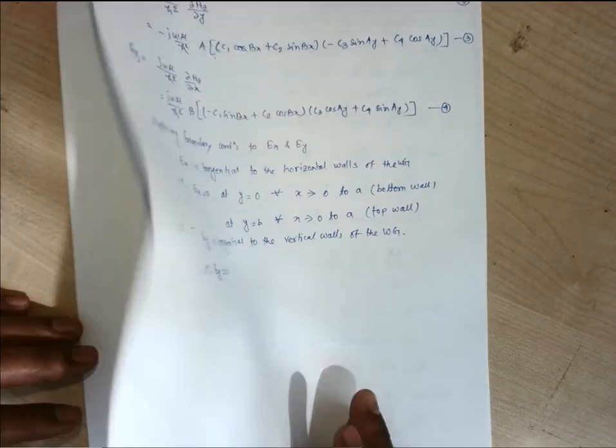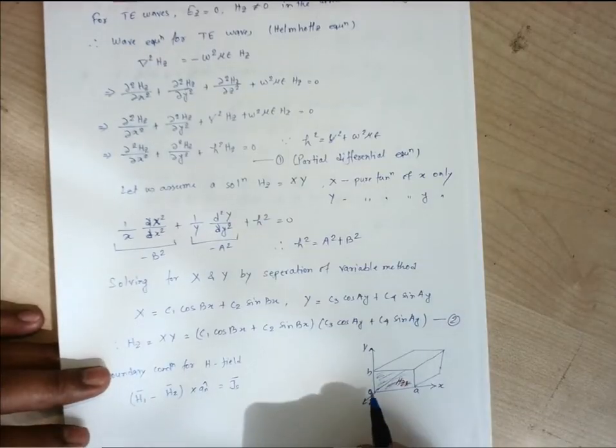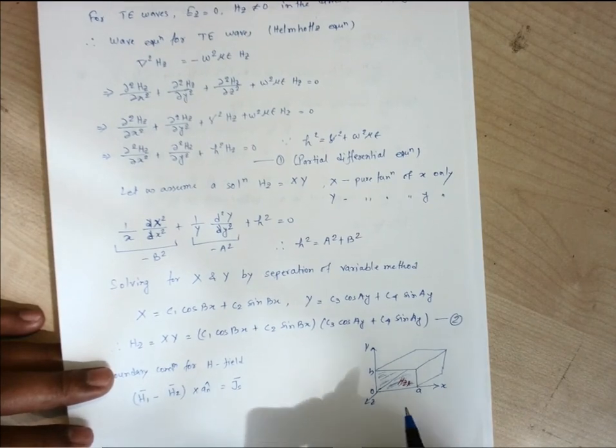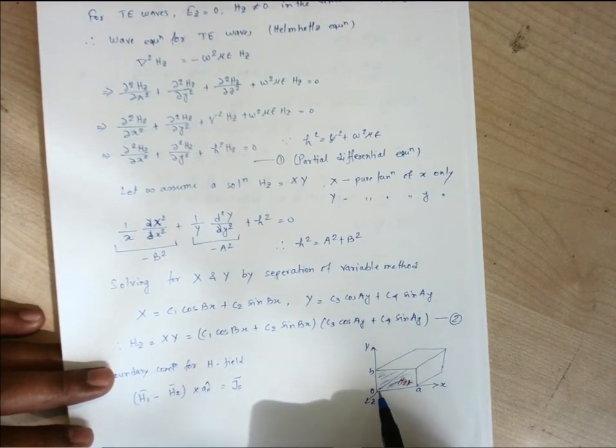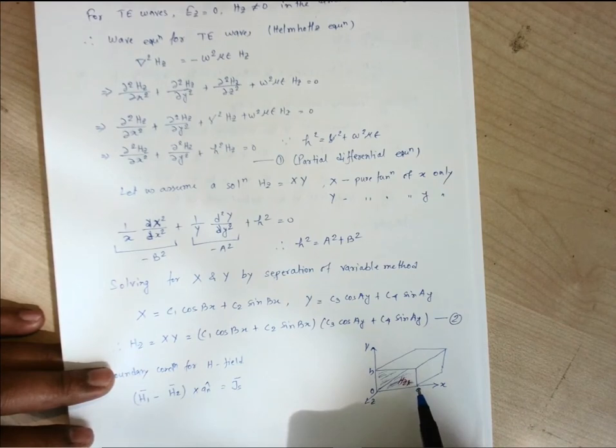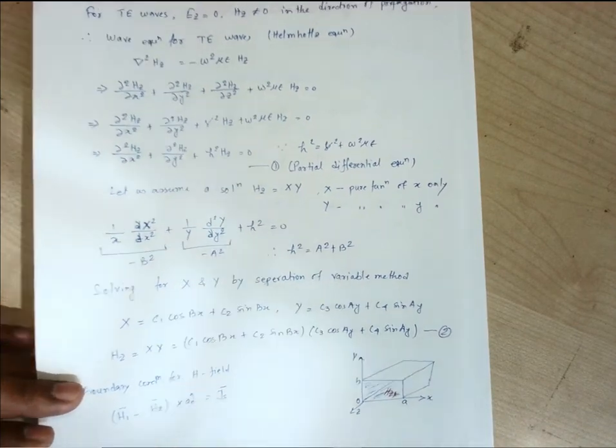So these vertical walls, one is the left side, the other is the right side. The left side is located at x equals 0 for all values of y ranging from 0 to b. The right side wall is at x equals a, for all values of y from 0 to b.